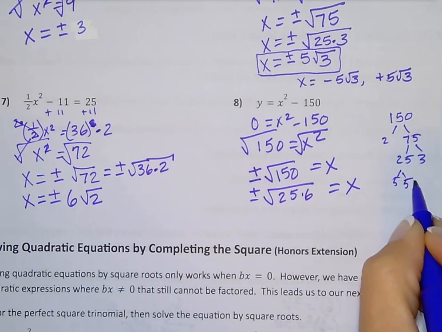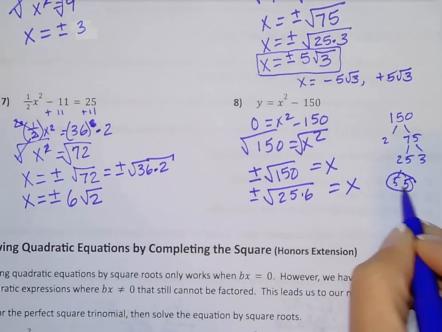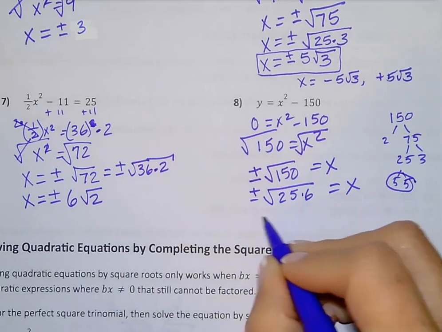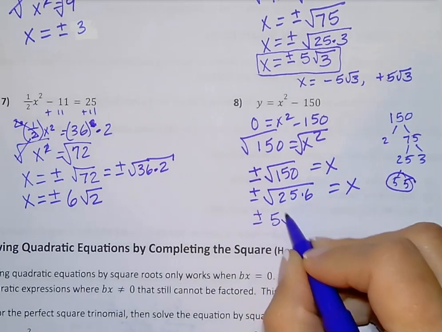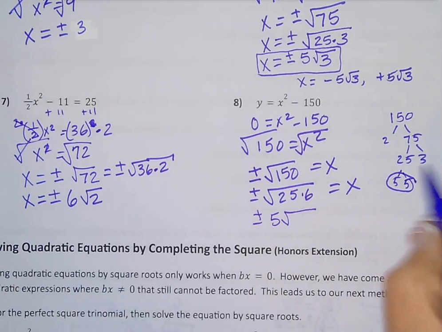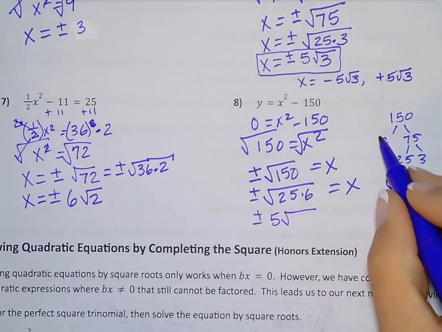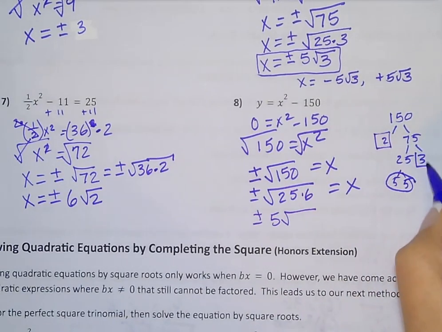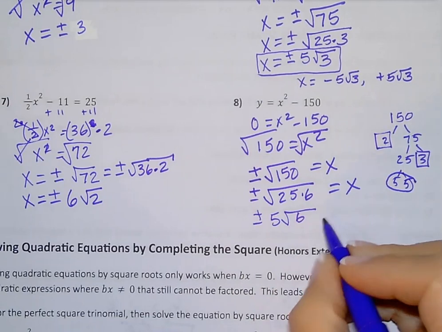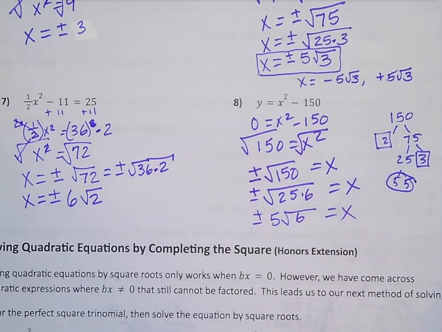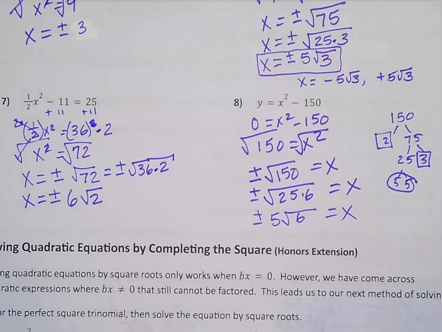And so I see I have a pair, right? The pair of 5s means that I get to pull a 5 outside of the house. I'm left with 2 and 3 inside the house. 2 times 3 is 6, so that stays in the house. Okay, that's not the only way to do it. That's just one of the many ways.